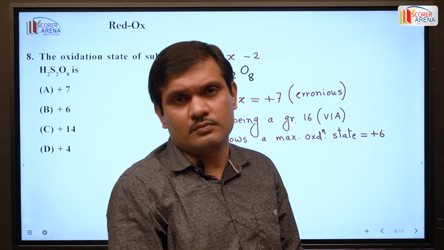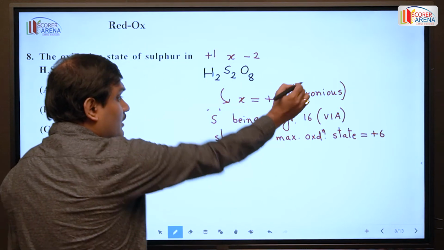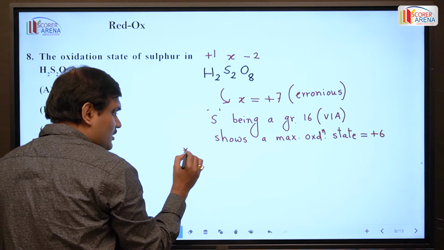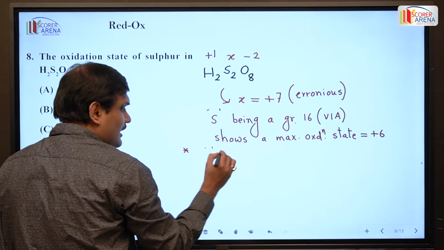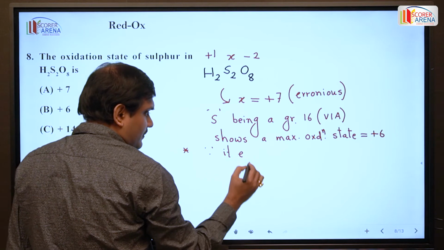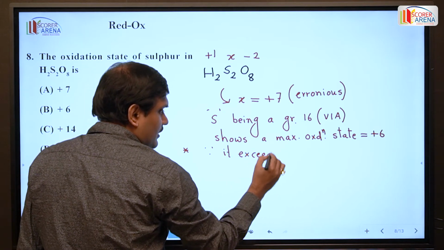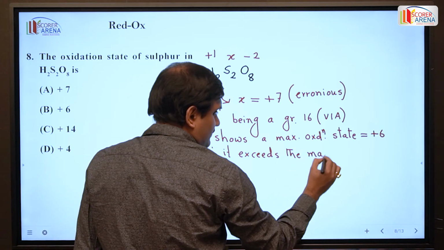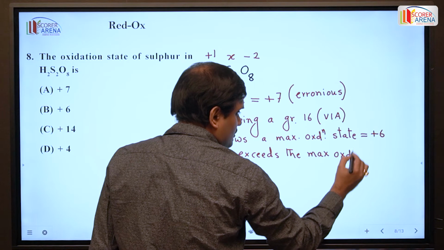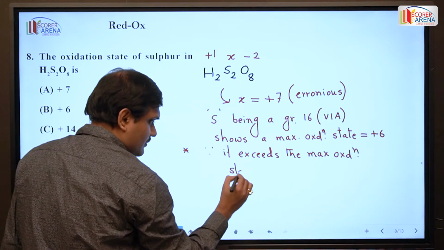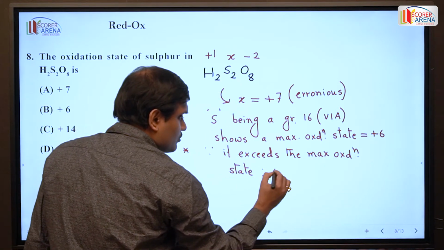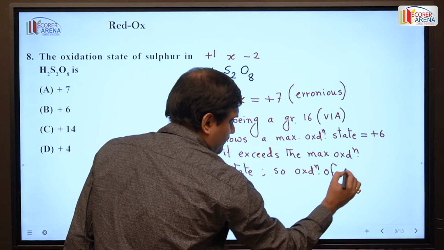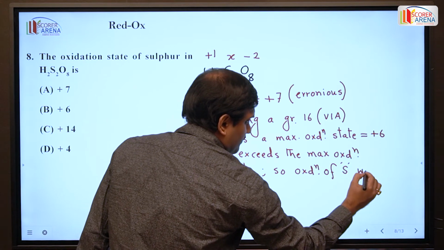So here, since it exceeds the maximum oxidation state, the oxidation state of sulfur will be +6.